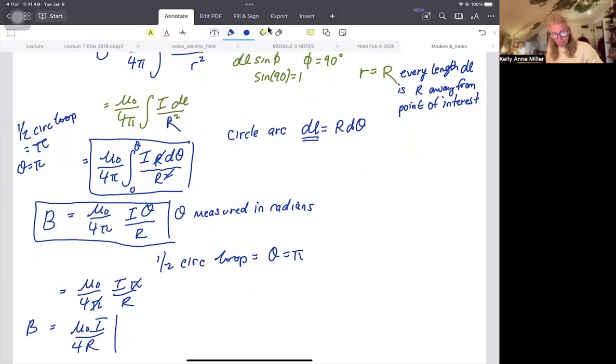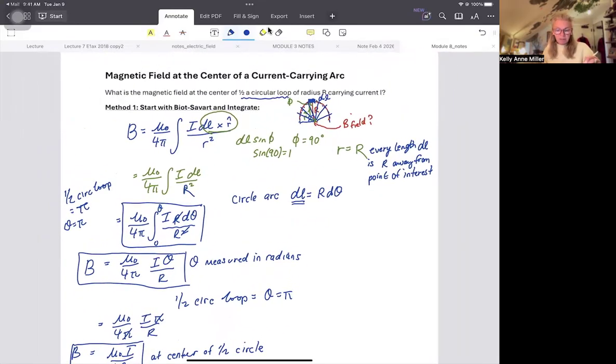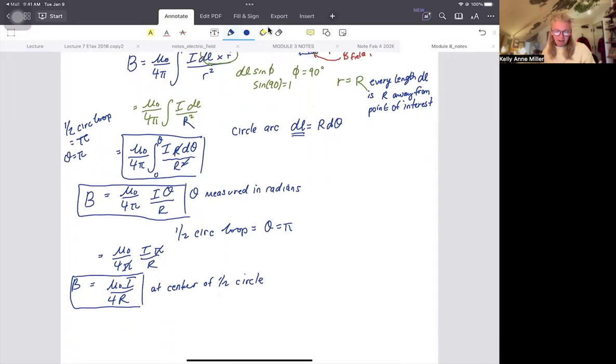So this would be the B field specifically at the center of a half circle. This is starting with the raw Biot-Savart and deriving the B field for a half circle.